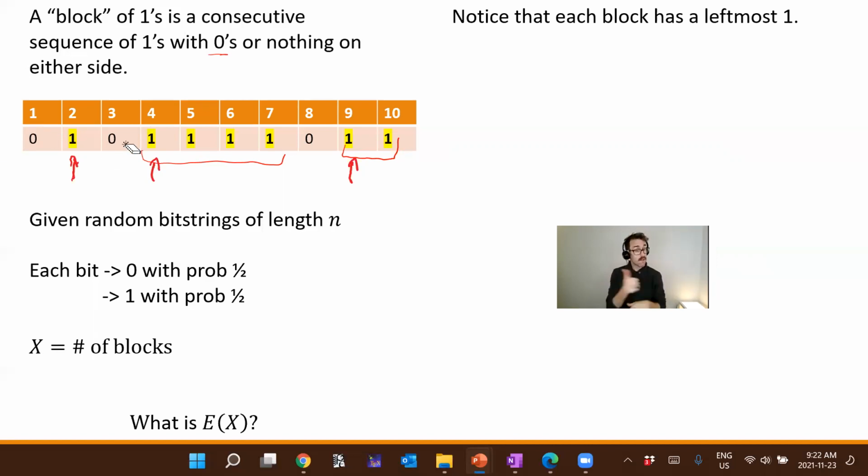Okay, so now we can say that x, being the number of blocks, is the same as x being the number of starting positions for each block.